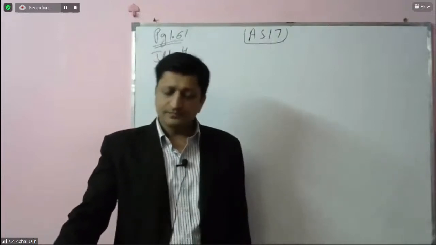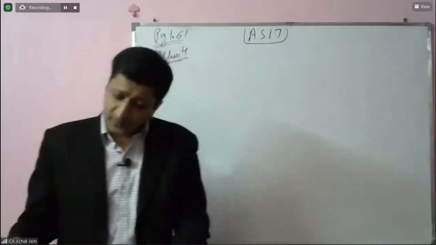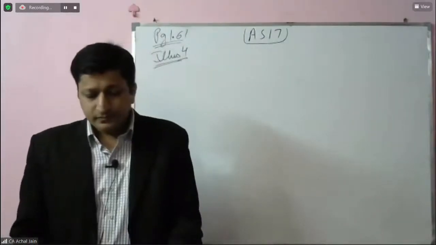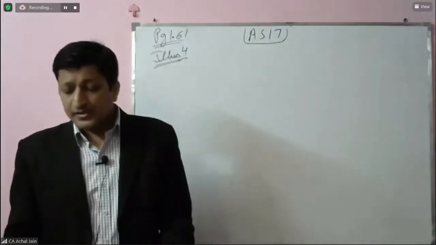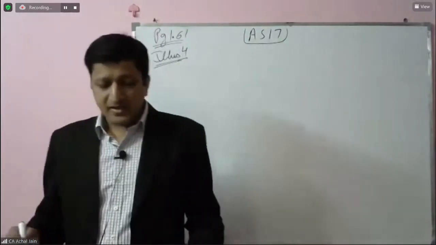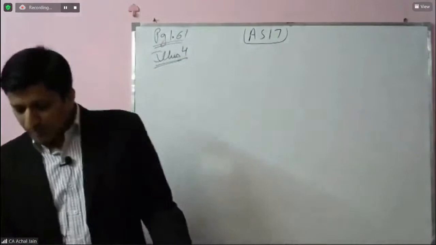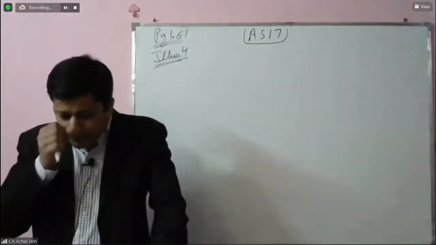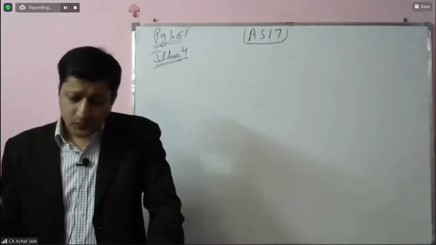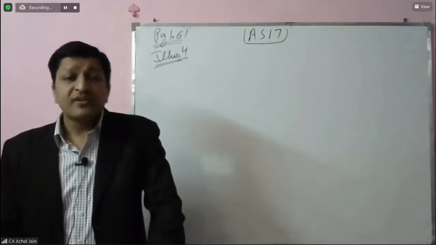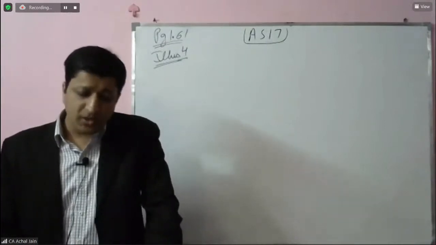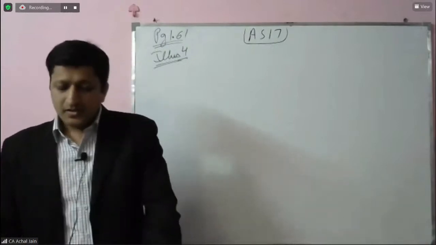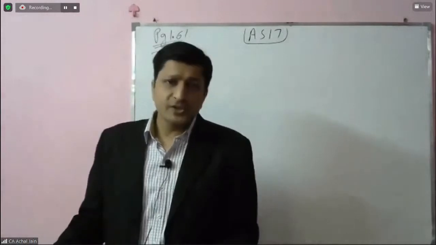Okay. So now the question requires you to give the disclosure. First of all, we'll give the disclosure about the primary segment on the basis of the information which is available. Clearly, we can say that the way management is looking at the information, the dominant factor seems to be the business divisions.